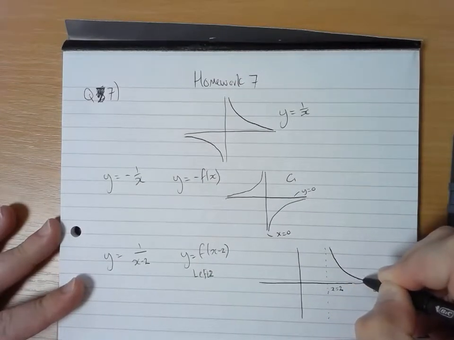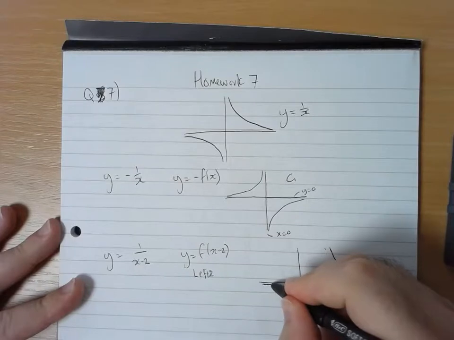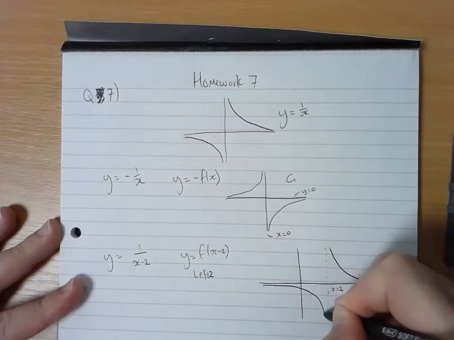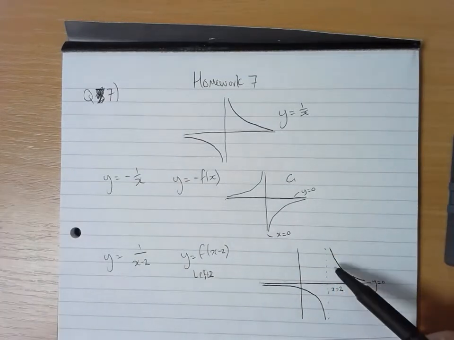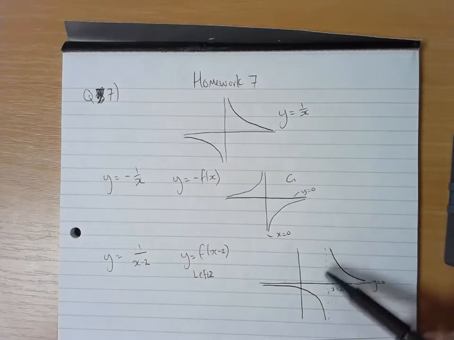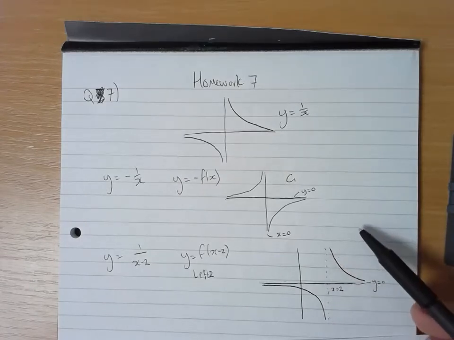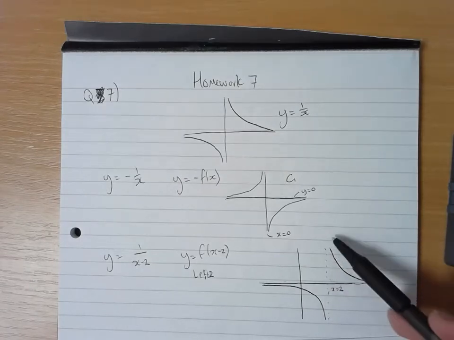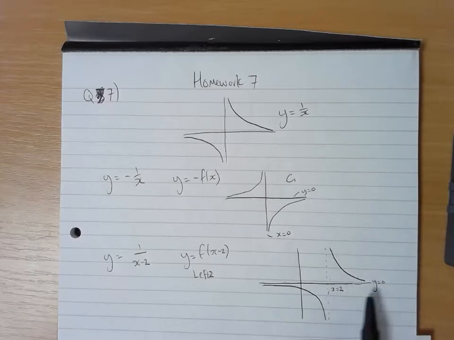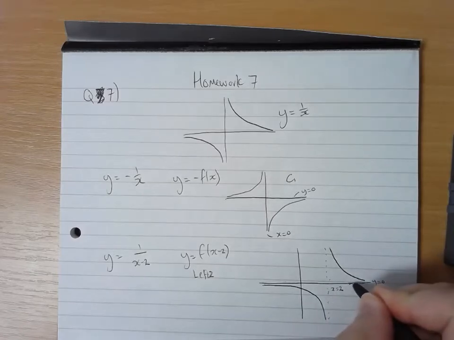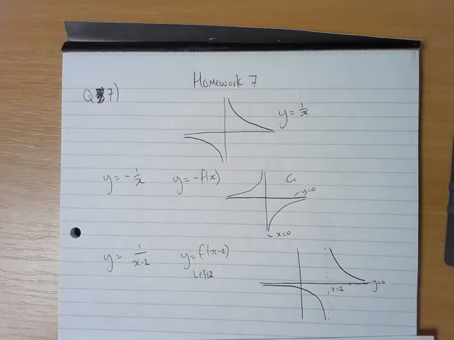So it goes down that way, and it comes along here, and it goes down that way. Making sure that this looks like an asymptote here, we're not turning away from it, we're not going along here and then parallel up. We've got to make it look like that. Let's extend that over there. So we've got our asymptotes, y equals 0 and x equals 2.